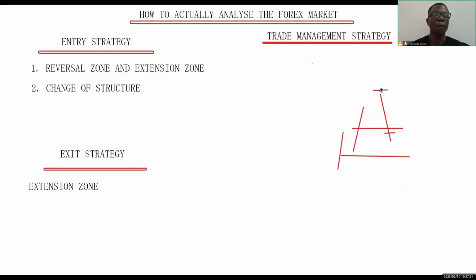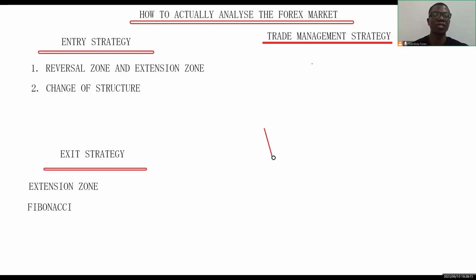My exit strategy also includes the Fibonacci. The Fibonacci is a very important tool that I use to take my profits, which is what I just mentioned. I could take profit at the 61.8 of the Fibonacci, or I could take profit at the 100.0 of the Fibonacci.